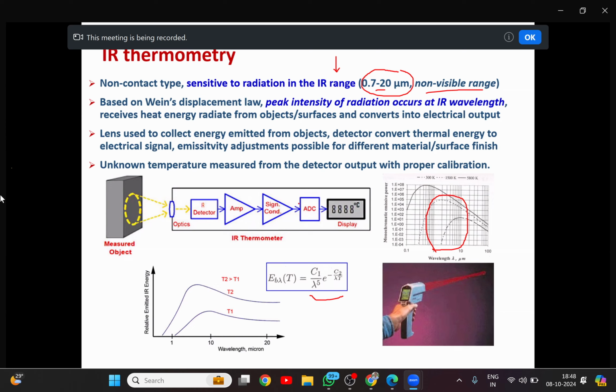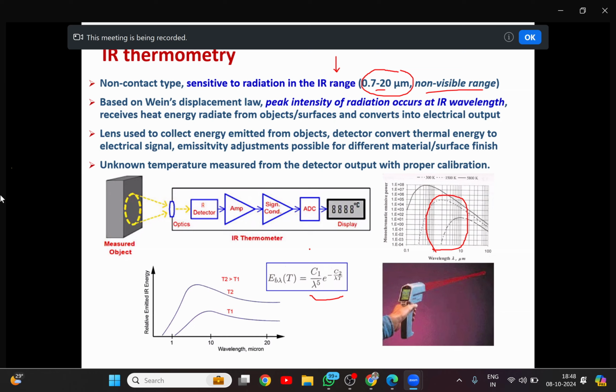And then an analog to digital converter, and then finally you have a display. This is typical of measurement systems, what we discussed in the beginning of the class. You have these elements, and then finally you have a display. So these are the structures that you would find inside an IR thermometer.